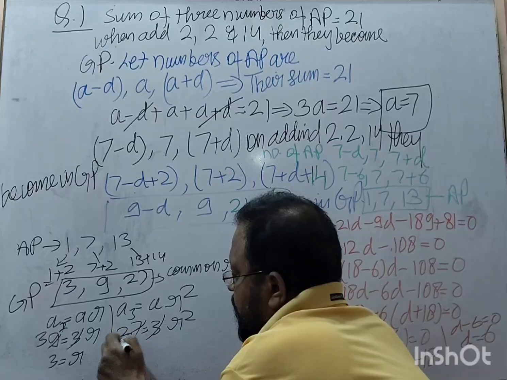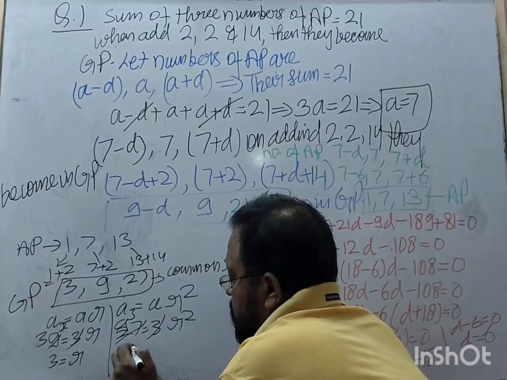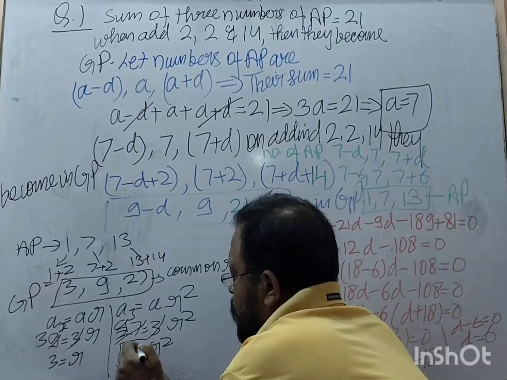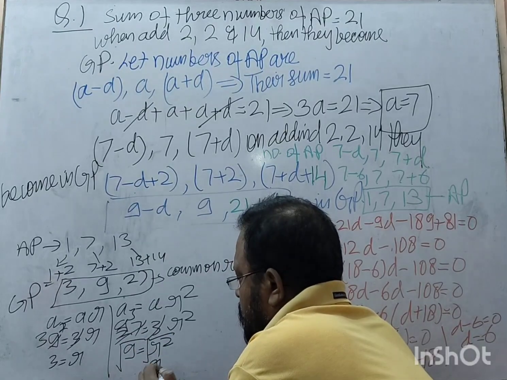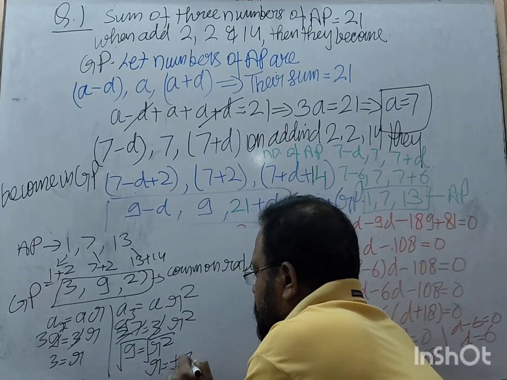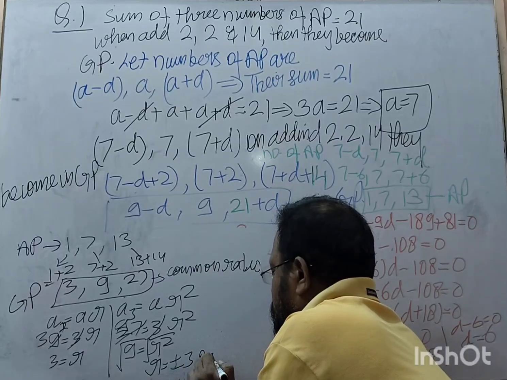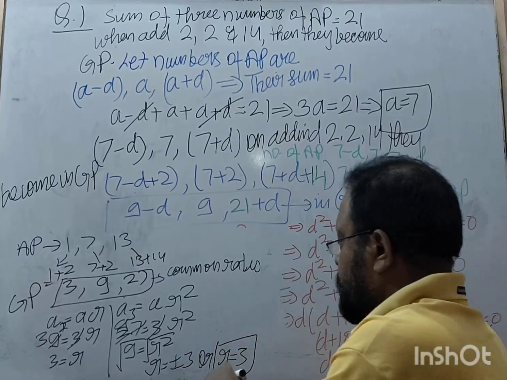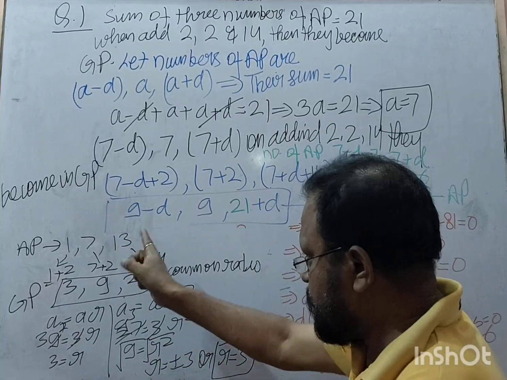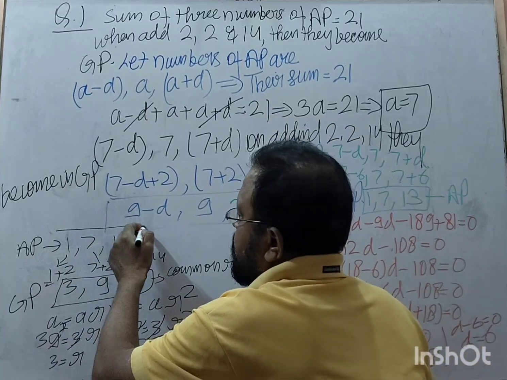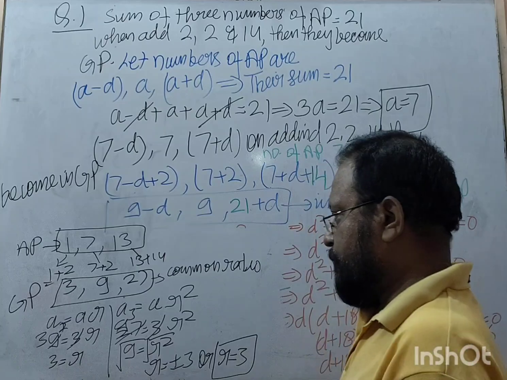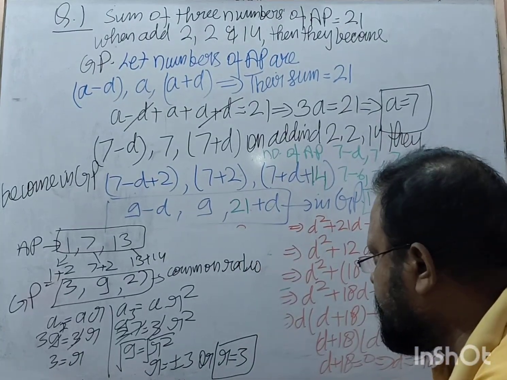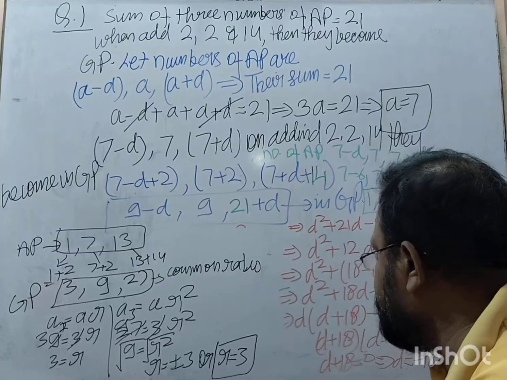So 9 is equal to r square. Taking root on both sides, r is equal to plus or minus 3, or r is equal to 3. So this means they are in GP. So these numbers are correct, right? We have a GP.